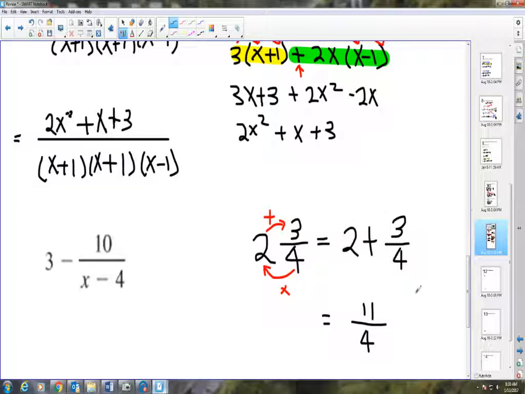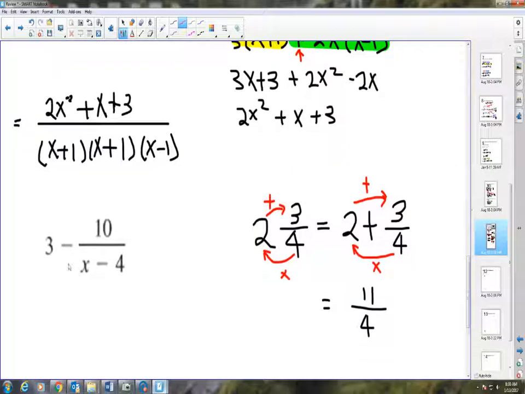So whenever we are combining a whole number with a fraction, we can use the same trick. Denominator times a whole number, 4 times 2 is 8, then plus the 3. That will give me the same thing.